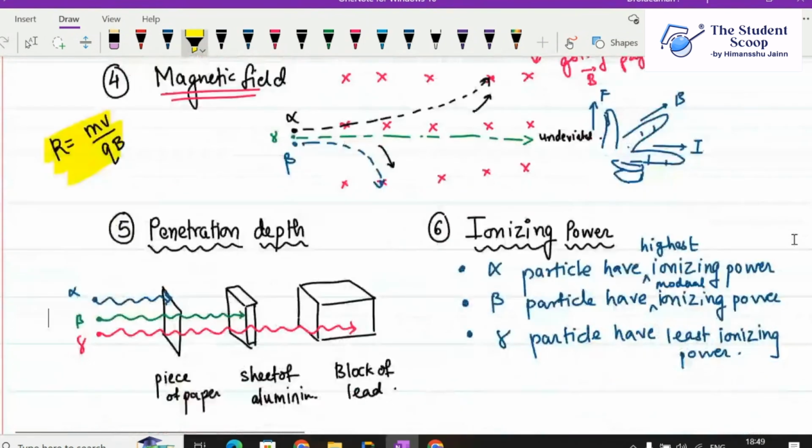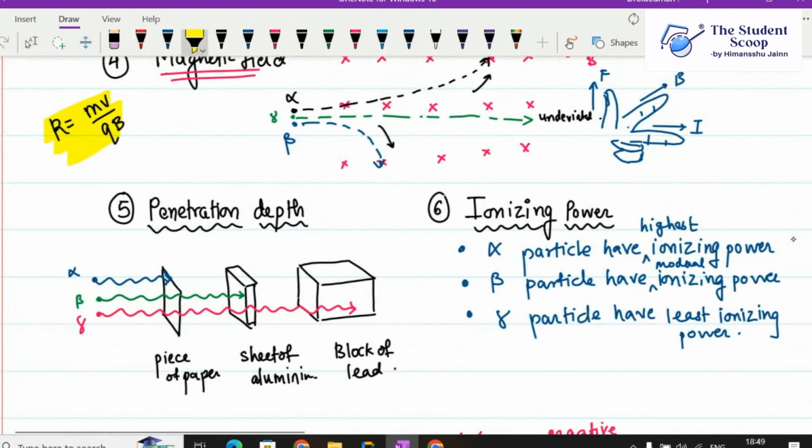Two other important properties that we need to know about alpha, beta and gamma particles is the penetration depth. See, the alpha particle being more massive, it can be stopped even by a piece of paper or a similar kind of object. The beta particle can penetrate through a piece of paper, but it can be blocked by a thin sheet of metal. It can be aluminum, copper, or anything.